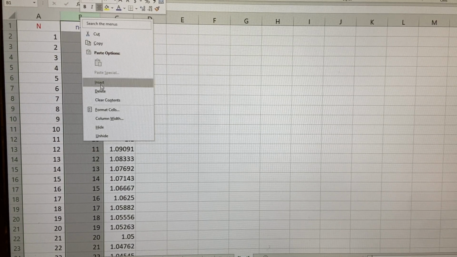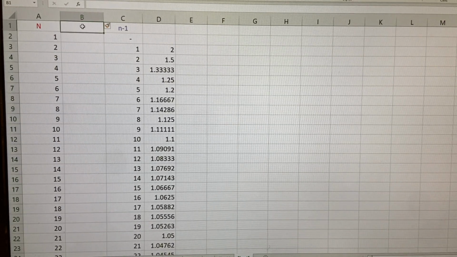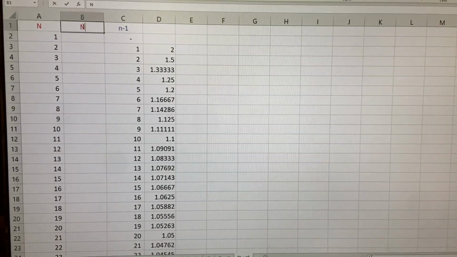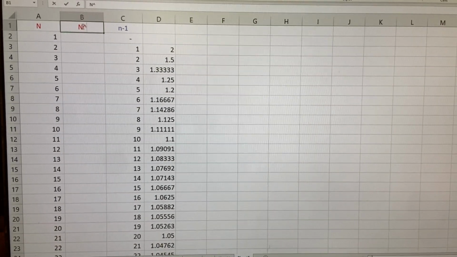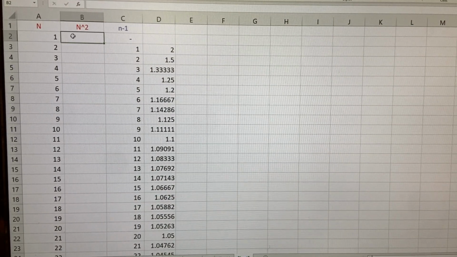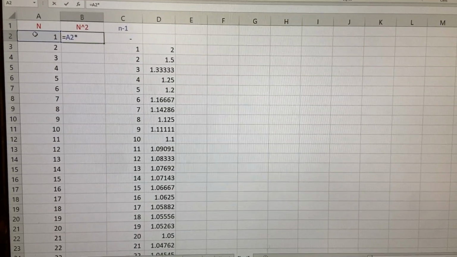Very simply, I'm going to insert here a blank column, and I'm going to make here the square, capital N, the square of these numbers here. So simply the formula will be this number multiplied by itself.